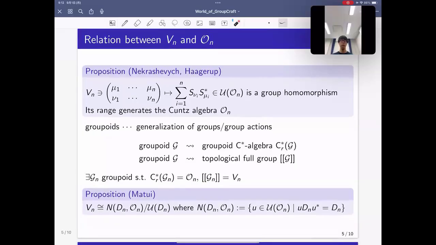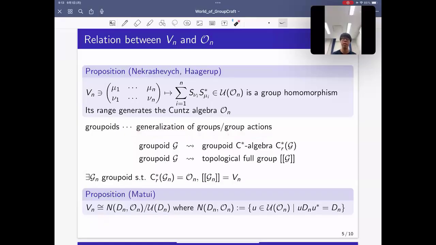And we can see the relation clearly through groupoids. The precise definition of a groupoid is a small category whose arrows are all invertible. But in the operator algebra setting, we consider groupoids as a generalization of groups and group actions.